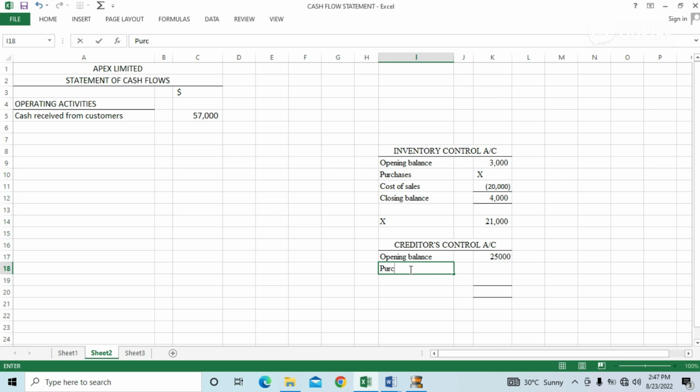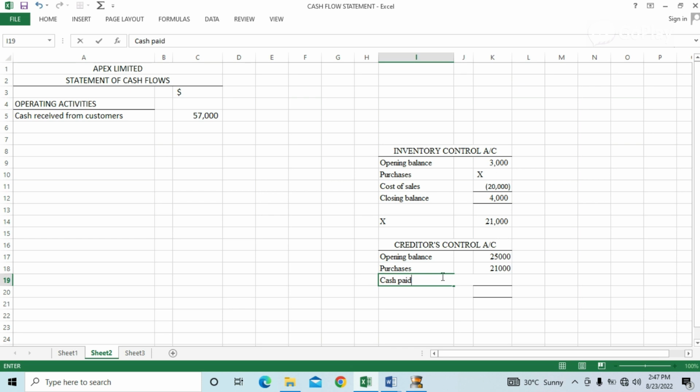If you do not do the control account, you cannot get how much purchases was made. So the purchase was 21,000. Then how much do we pay to our suppliers? That is the unknown. We do not know. So we indicate cash paid.